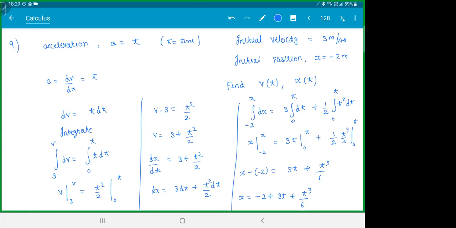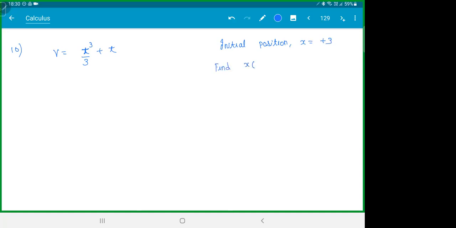Next one. Let's see one more like this. Velocity v is given by t cube by 3 plus t. Initial position x is equal to plus 3.